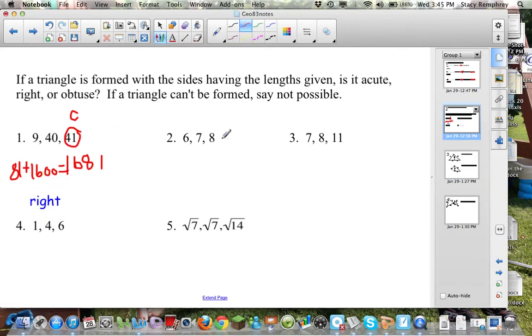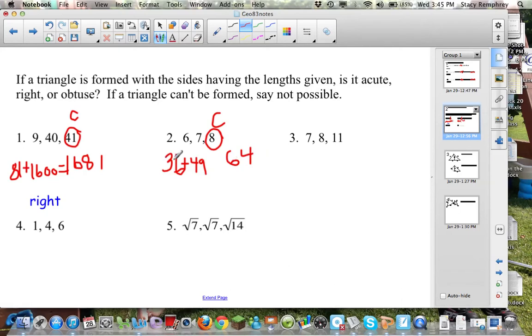All right, and the next one. This is my longest, so I'm going to call this C. So my C squared is 64. My A squared plus B squared is going to give me 36 plus 49. Okay.